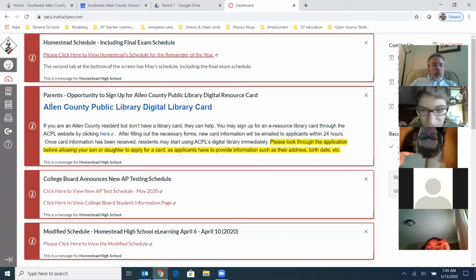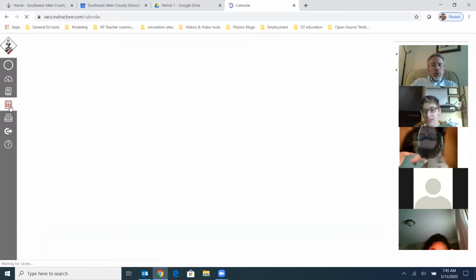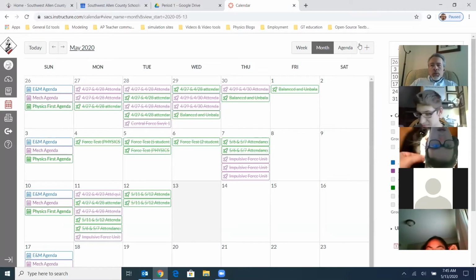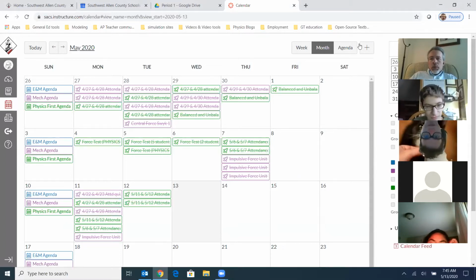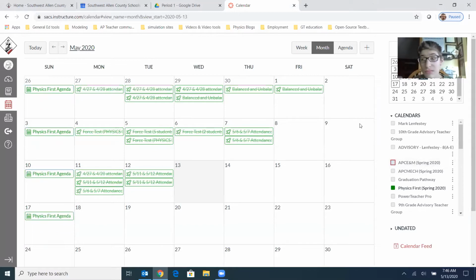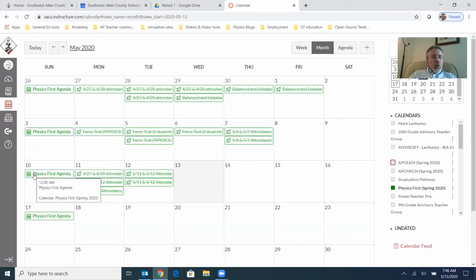Okay, so today, let me pull up the calendar. Today we're going to finish looking at Newton's third law, which is looking at interaction pairs.